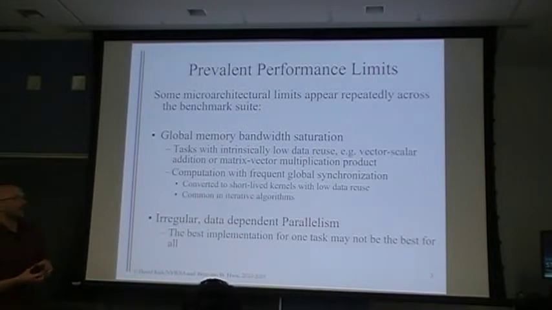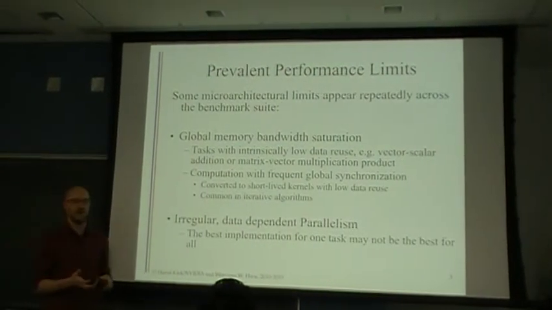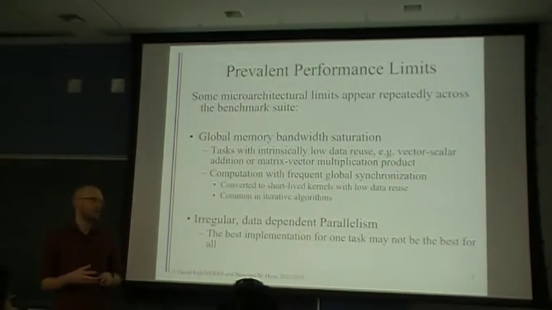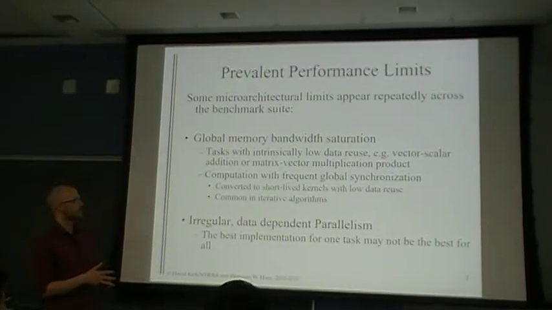But if you're doing a problem where there just isn't much reuse, or the reuse is very difficult for you to express or anticipate ahead of time, say because whether or not you're going to reuse a piece of data depends on the shape of your graph, then it can be very difficult to capture that reuse in your code. So that's one challenge that we have.